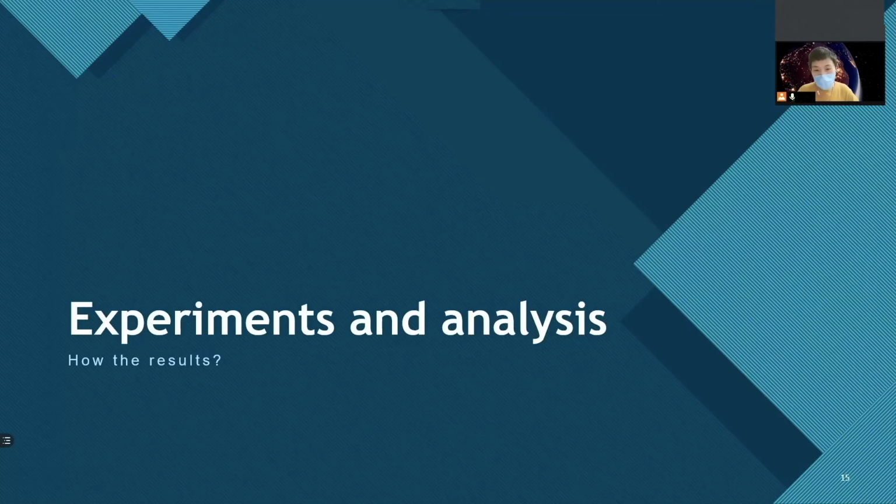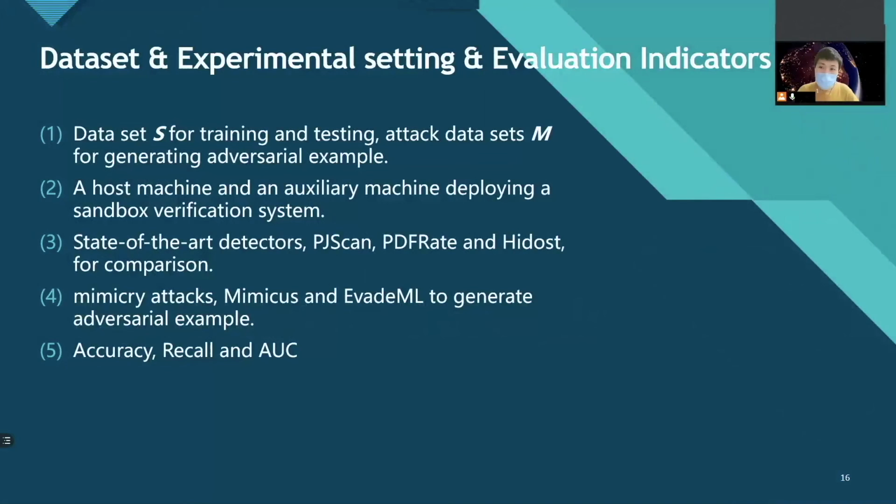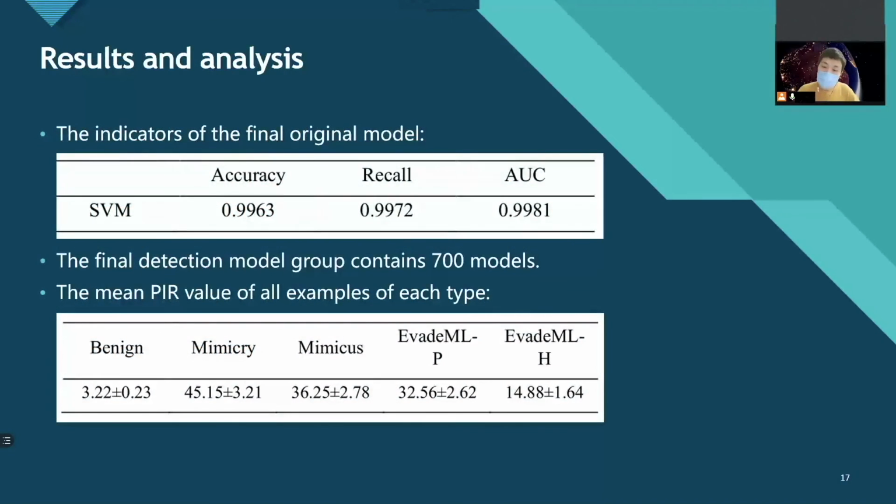Finally, I will analyze the experimental results. The collection of data sets, experimental settings, and evaluation indicators can be reviewed in the paper, and will not be described here. You can see Table 1 lists the indicators of the original model. The detection performance of the model is very high in the case of using integrated features.